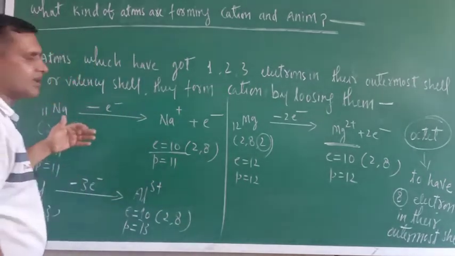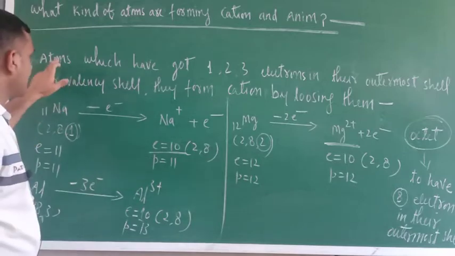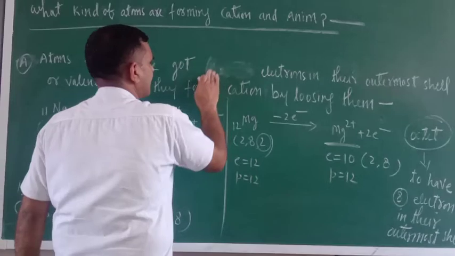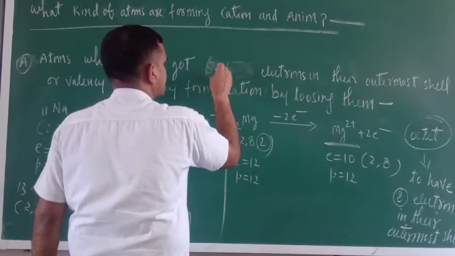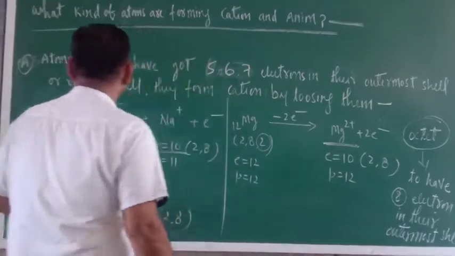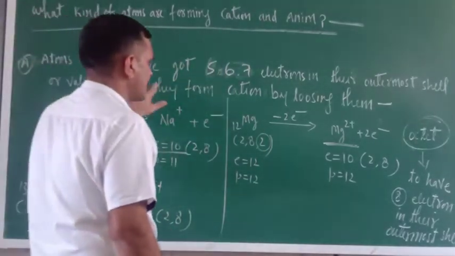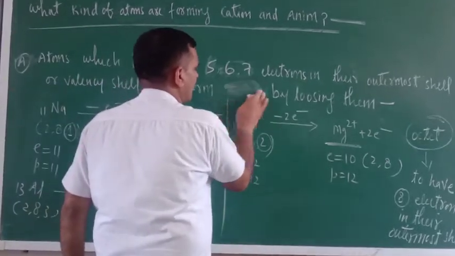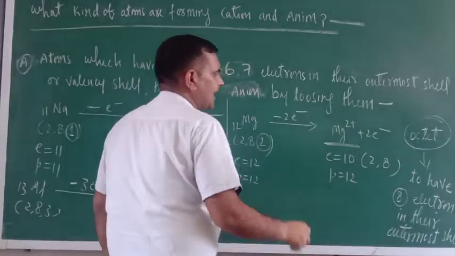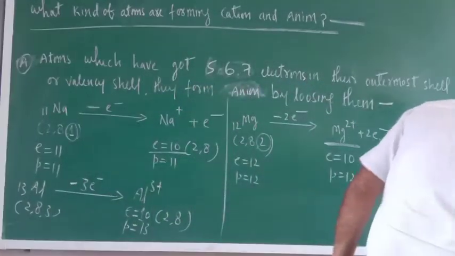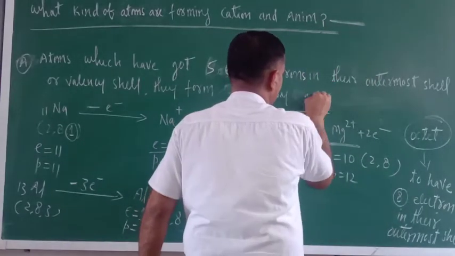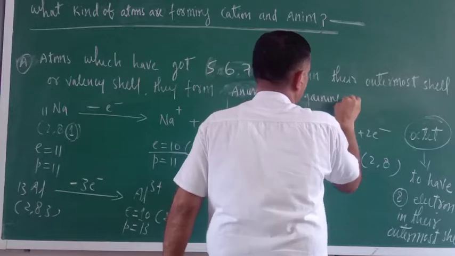Next one is formation of anion. So the atoms which have got 5, 6 and 7 electrons in their outermost shell or valence shell form anion by gaining electrons.